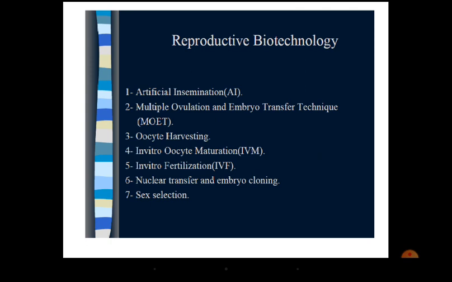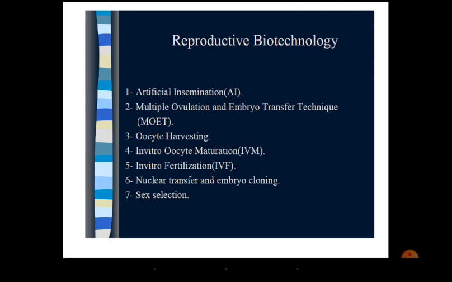In the bulls selected for artificial insemination, you can opt for higher selection intensity. The coverage is also more. You can cover a large number of females. Good germplasm can be utilized on a larger number of females. That is the main advantage compared to natural service. It can cover more breedable females in a short period of time.